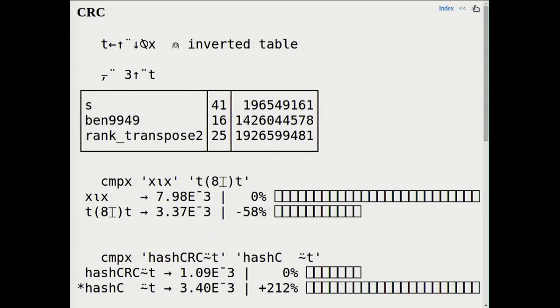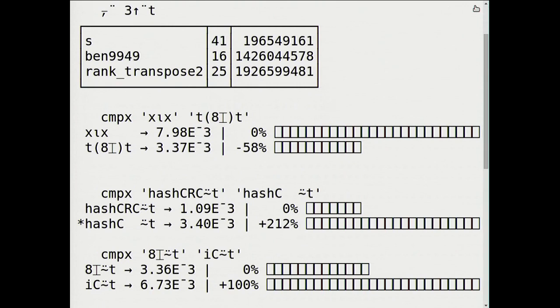Now, if the machine that the program is running on doesn't have the CRC instruction, then the primitive falls back to a C-coded hash. And the next benchmark indicates the timing difference between the two hashes. There's a star because it's not really computing the same hash code.